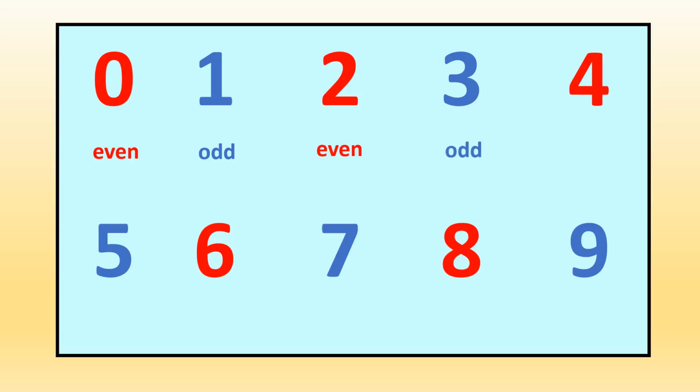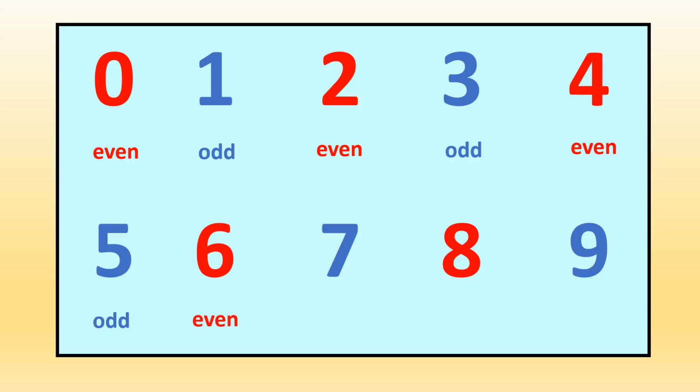If 3 is an odd number, 4 is an even number. And if 4 is an even number, that makes 5 an odd number. And if 5 is an odd number, 6 is definitely going to be an even number.